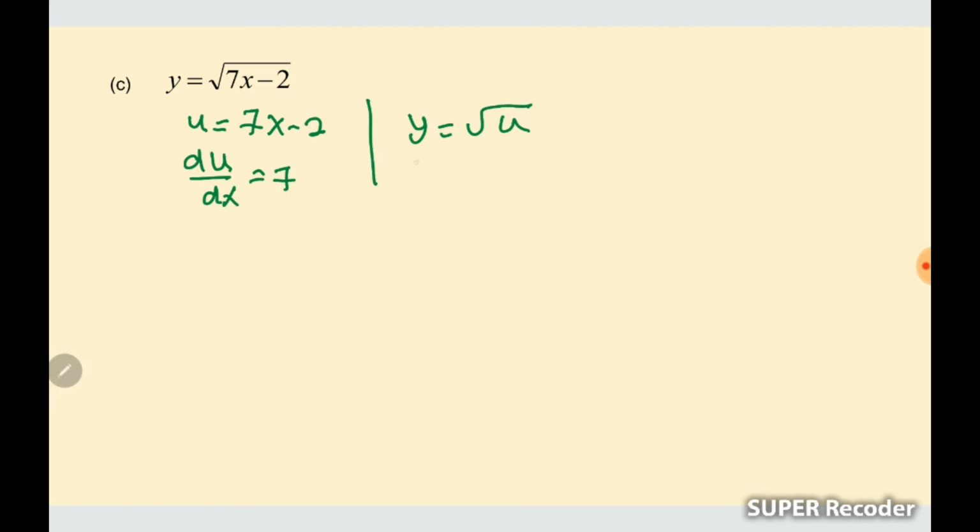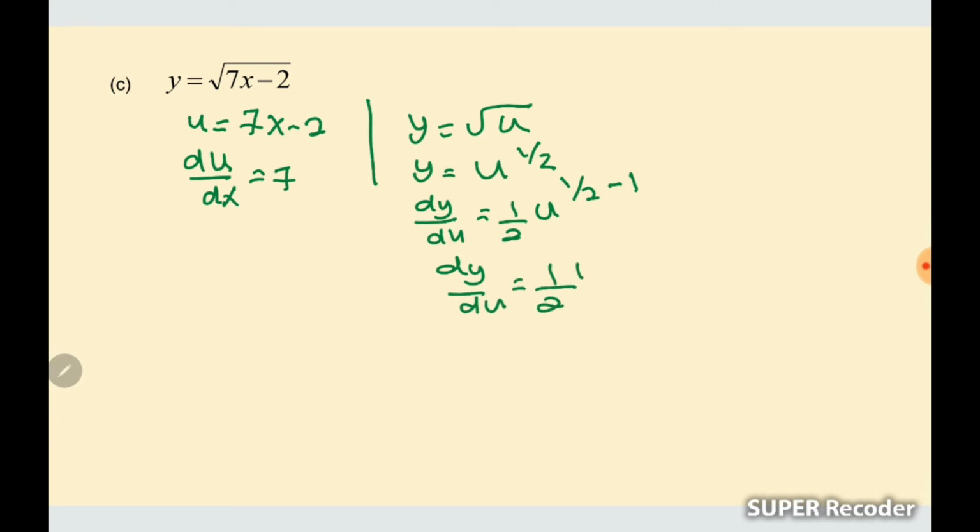So you can write y as u to the power of half. dy/du equals half of u to the power of half minus 1, which is half of u to the power of negative 1 over 2. Therefore, dy/dx equals dy/du times du/dx.